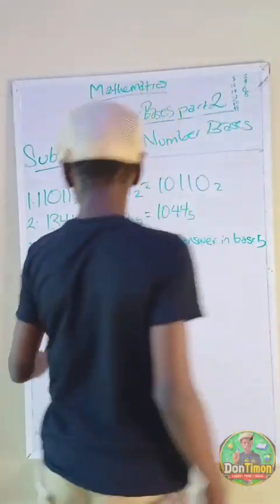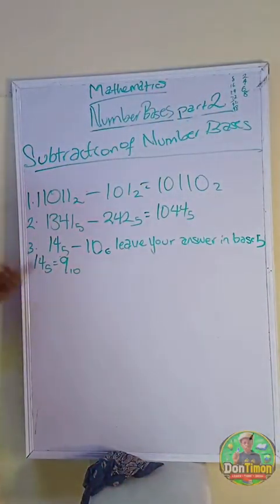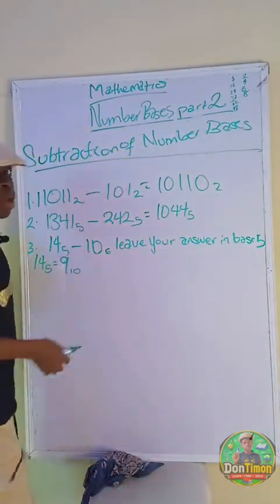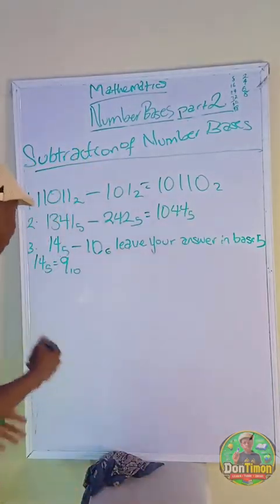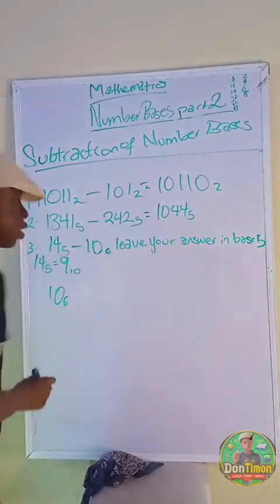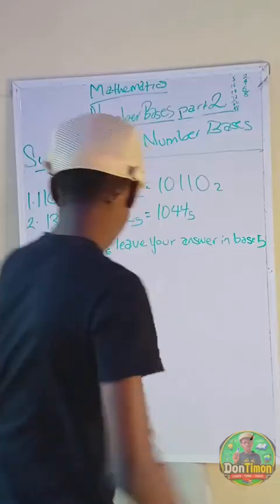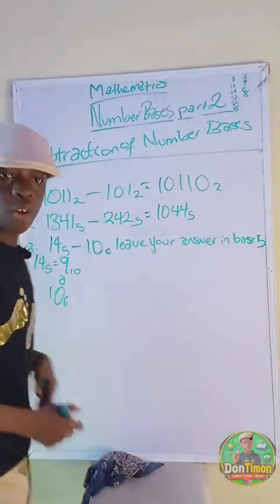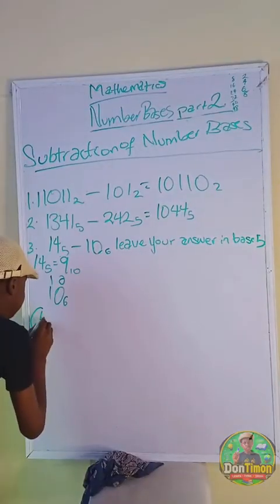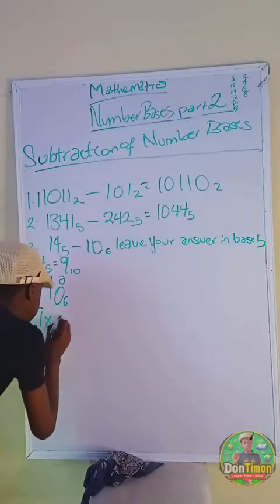Now that we know that 14 base 5 is 9 base 10, we can now solve 10 base 6. We write down 10 base 6. So we count backwards. We start from 0, then 1. 1 times the base 6.